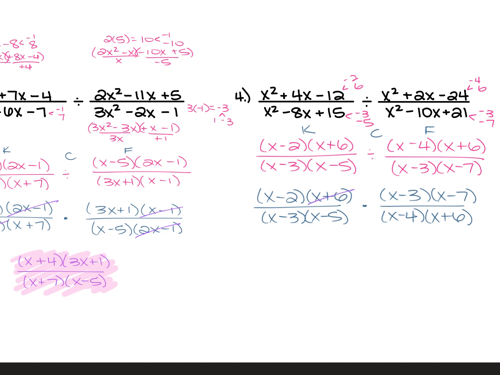Your x plus 6 is on the top of the first fraction, bottom of the second fraction, so those two cancel each other out. X minus 3 is on the bottom of the first fraction, top of the second fraction, so those cancel each other out. So the only thing you are left with is x minus 2 times x minus 7 over x minus 5 times x minus 4.